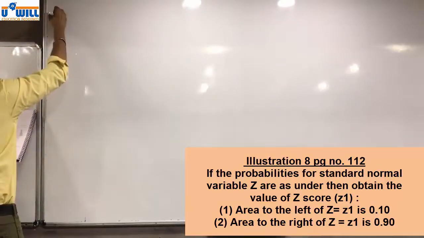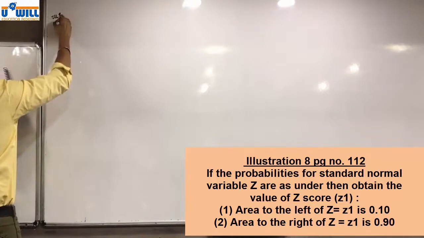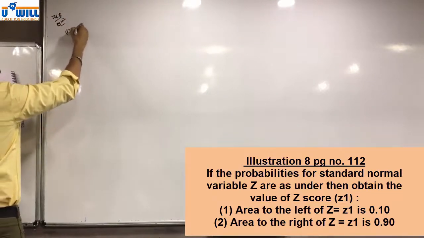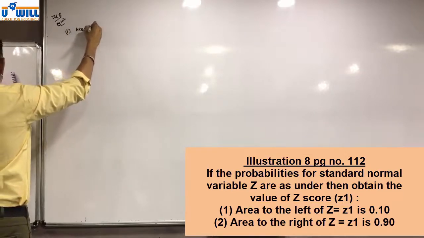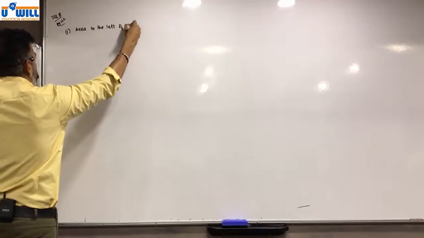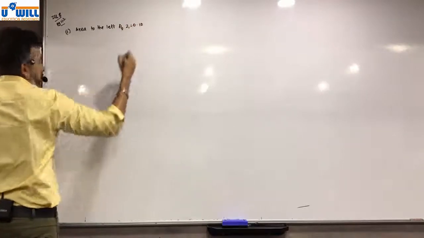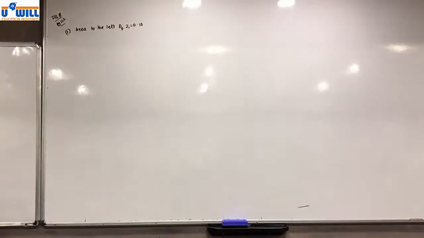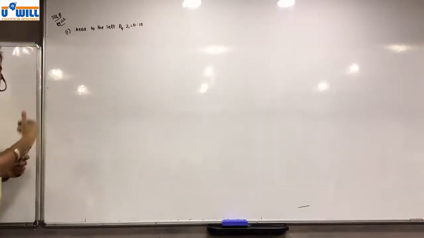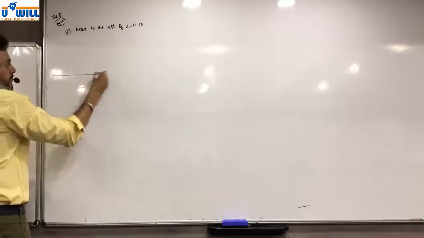Illustration 8, page 112. First, area to the left of z1 is equal to 0.10. See, the statement itself says the area to the left is 0.1 and it is 10%. So we draw the graph.